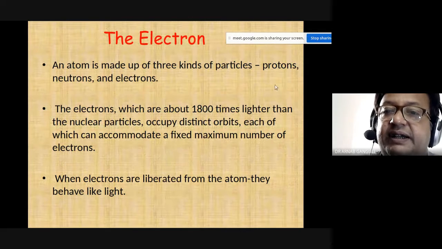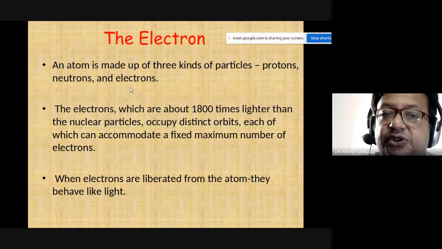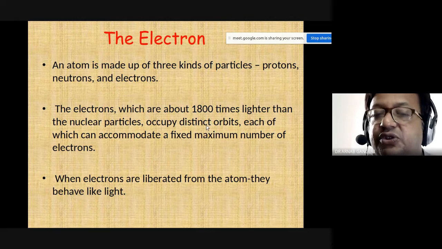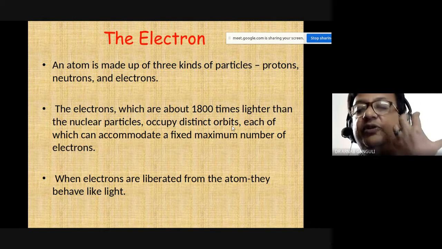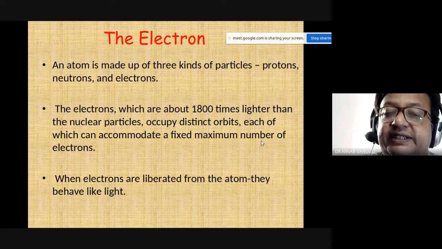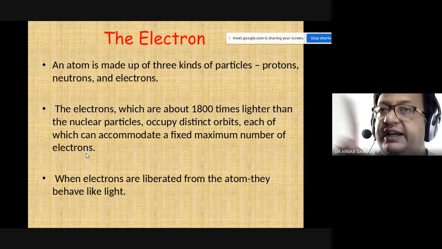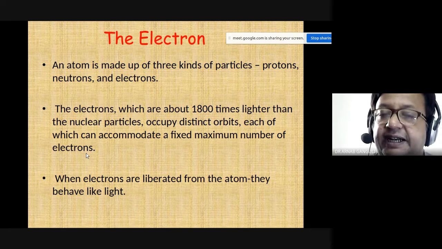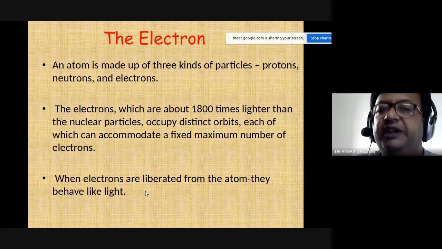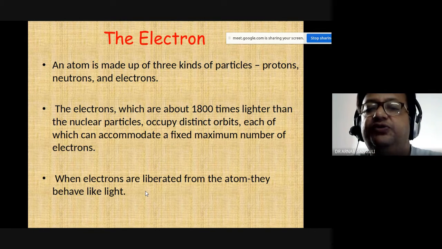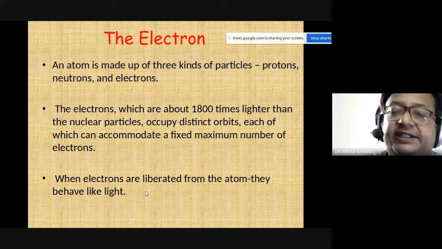So you know that atoms are made up of protons, neutrons, and electrons. Electrons are 1,800 times lighter than nuclear particles, and they occupy distinct orbits and orbitals, and each orbital or orbit has a fixed amount of energy. So they are in an energy plane of fixed energy, high energy, low energy. If you give it energy, an electron goes from a low energy orbit to a higher energy orbit.